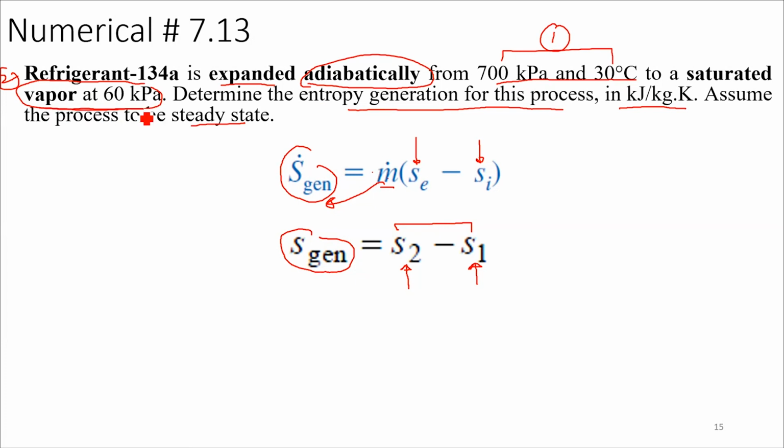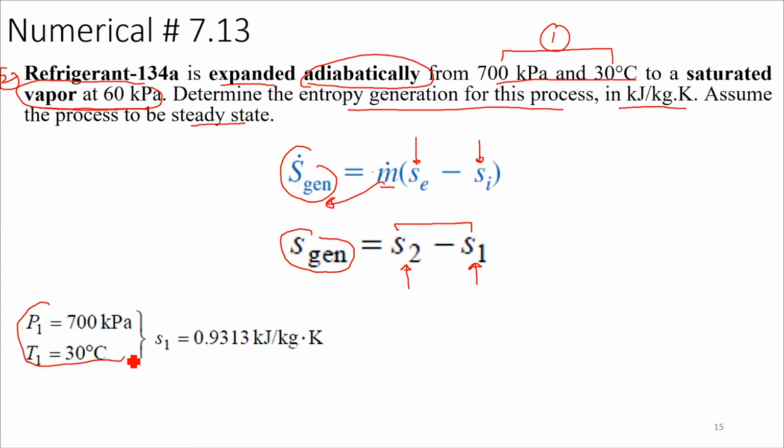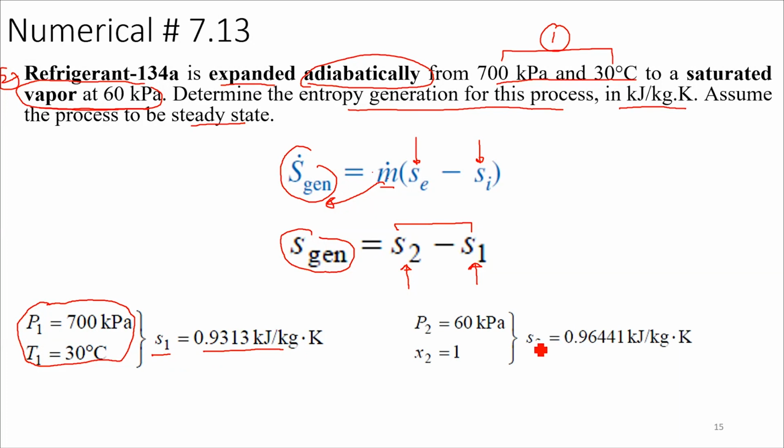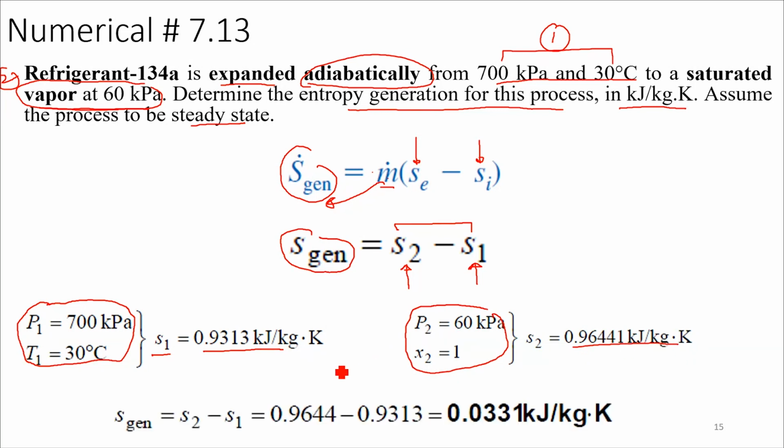For the exit, your conditions are known. So you can simply find out the entropy due to the mass which is entering at this condition, S1, and the entropy of the mass which is leaving the system at this condition, S2. The difference of the two would essentially give you the entropy generation as a result of this process.